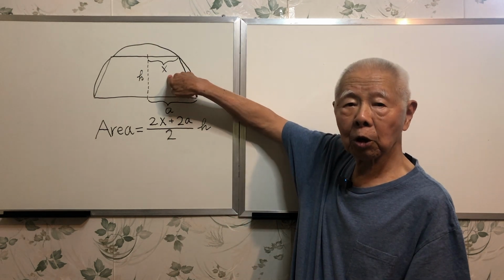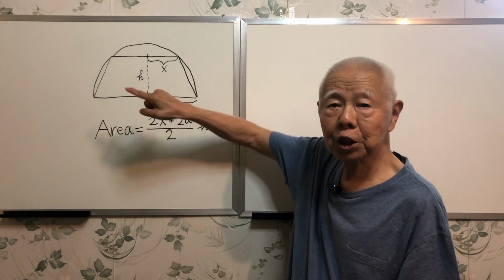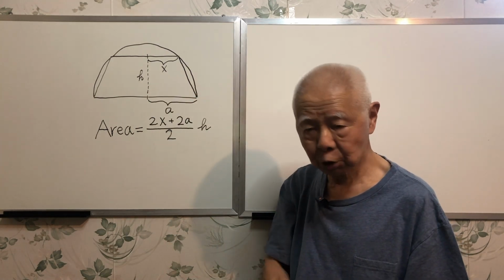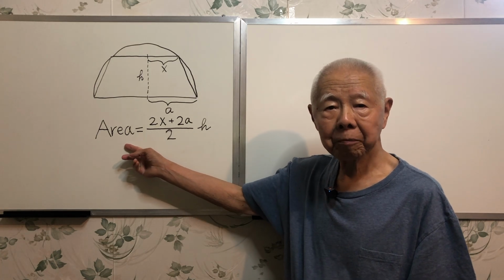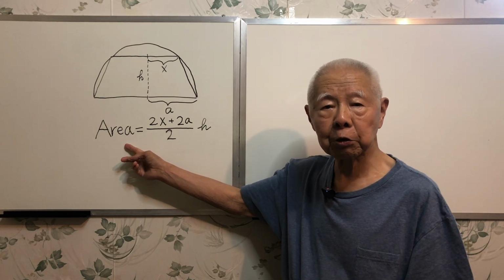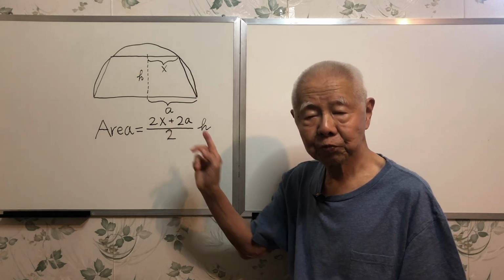X is a variable. Then h is also a variable. My area is expressed in terms of 2 variables, x and h.